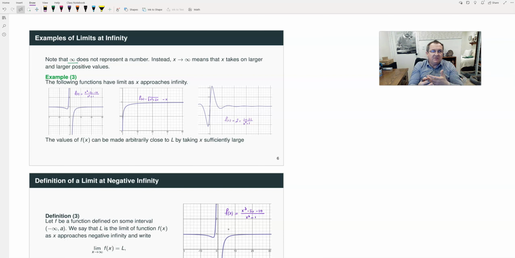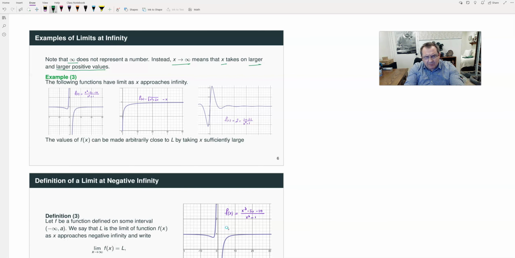So maybe you can say infinity times infinity is infinity, but infinity minus infinity is an indeterminate form, and we don't really know what the value of that is. Instead, the fact that x approaches infinity means that x takes on larger and larger positive values. Think about x equals 100, x equals 1000, x equals 10,000, x equals 10 million, and 10 to the 8, and 10 to the 9, and so on. So x will be taking on larger and larger values.